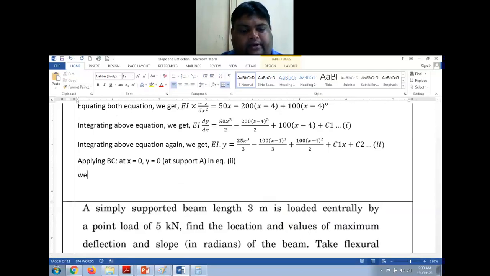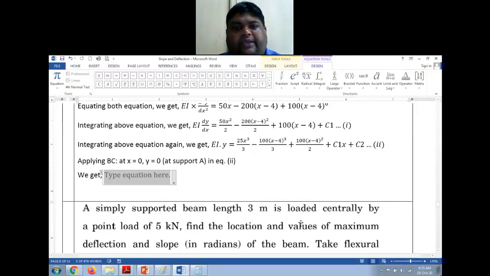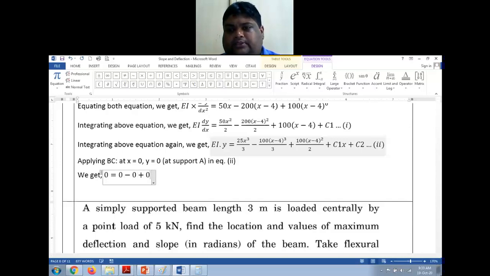Okay, we get, now y is 0, so this will become 0 equal to x is 0, so this will be 0 minus 0 plus 0 plus again 0, right? So wherever there is x, all those terms will become 0 because here it is directly 0 into 25. Here it will become negative.